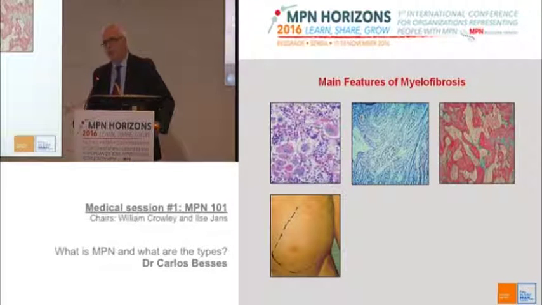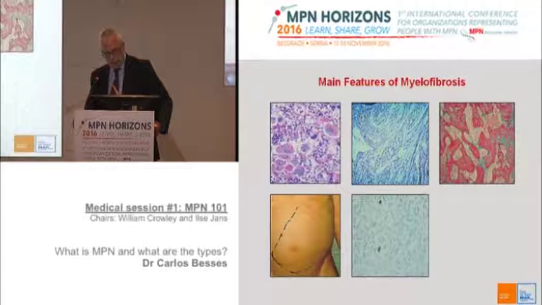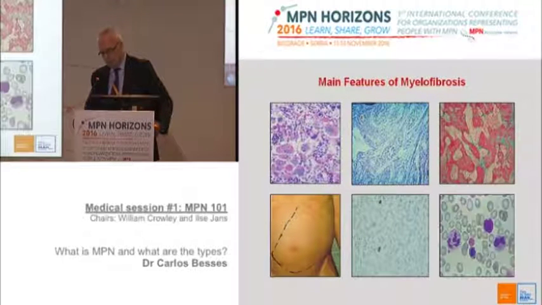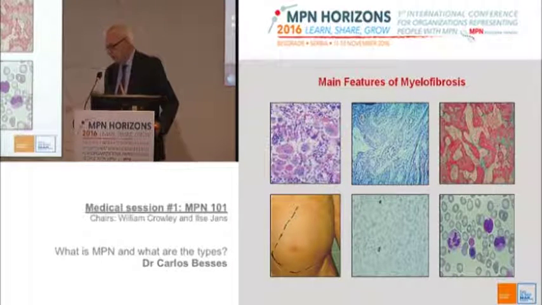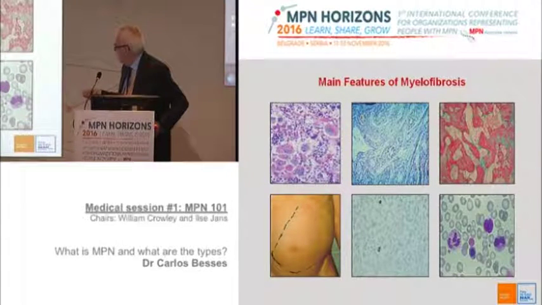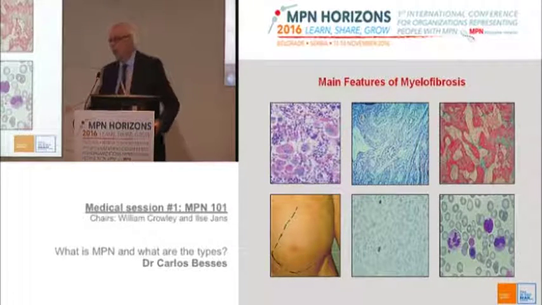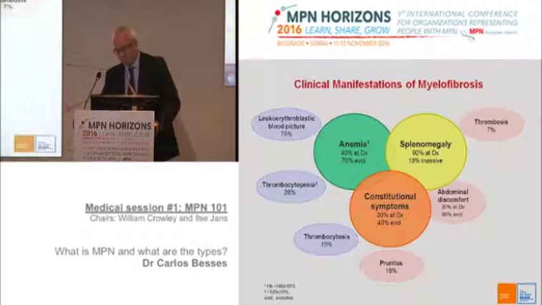One of the features of the disease, as you know, is a big spleen that may be huge in some patients. And also the peripheral blood film shows distinctive features, characterized by red blood cells in the form of tears and presence of immature myeloid cells.